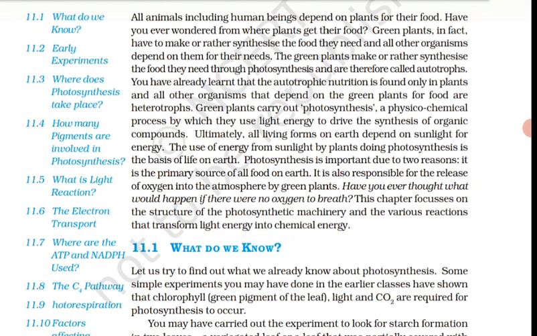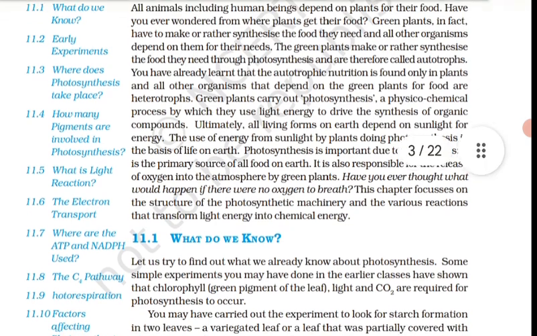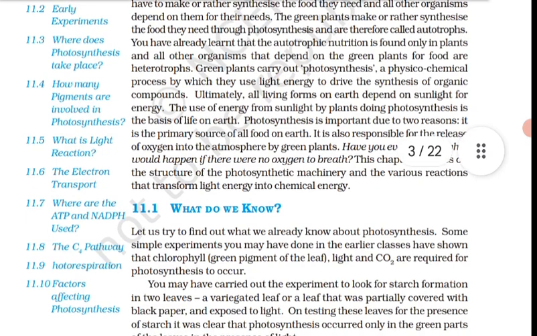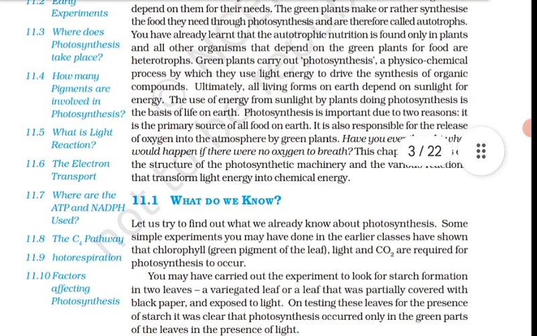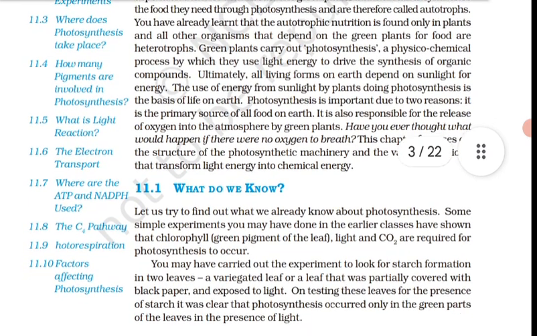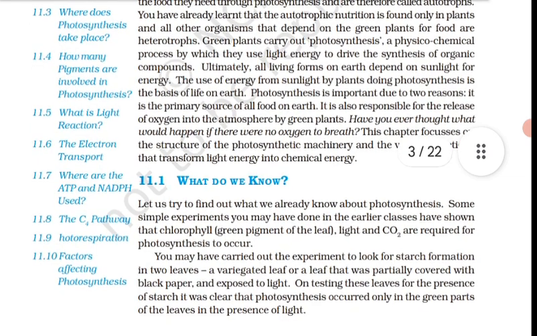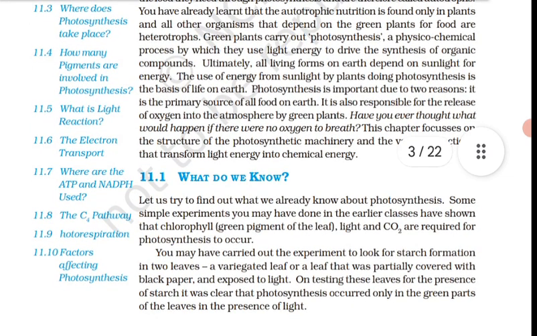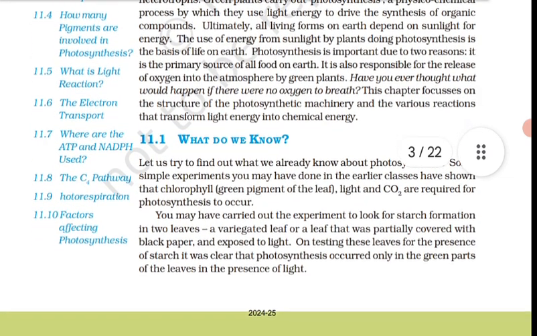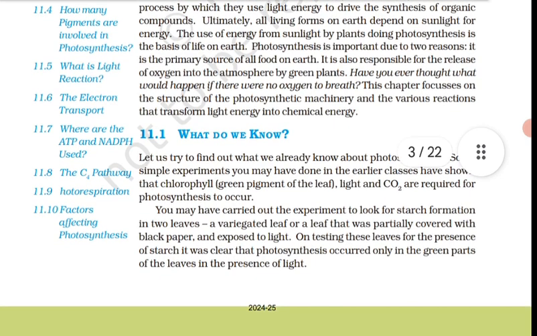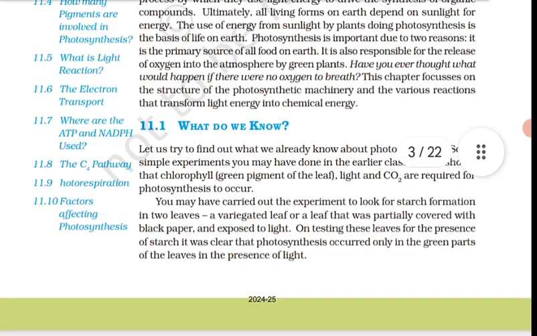You have already learned that autotrophic nutrition is found only in plants, and all other organisms that depend on green plants for food are called heterotrophs.